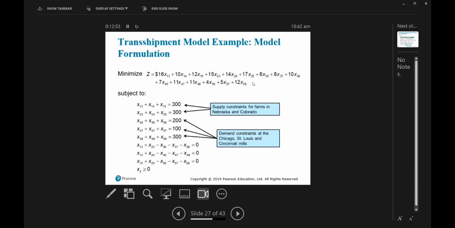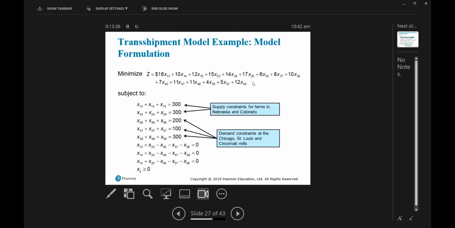So this is what I was illustrating. What you send from the first farm to the first transshipment point, plus what you send from the second farm to that same transshipment point, should be equal to what you send from that transshipment point to the first destination, the second destination, and then the third destination. So on and so forth for these other constraints.